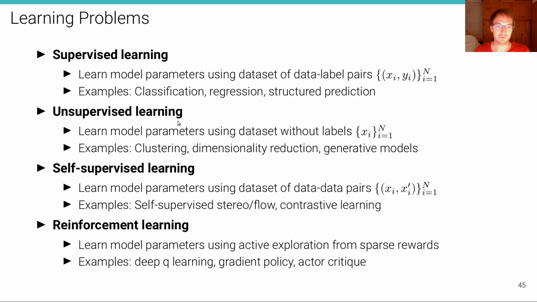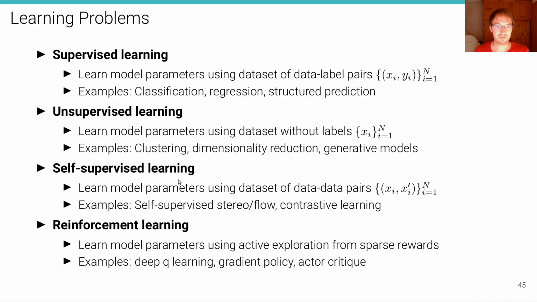In unsupervised learning, we learn the parameters of a model using a dataset without labels. It's just a dataset of inputs X here. Examples include clustering, like the k-means algorithm, dimensionality reduction, or generative models, which we'll discuss towards the end of this lecture.